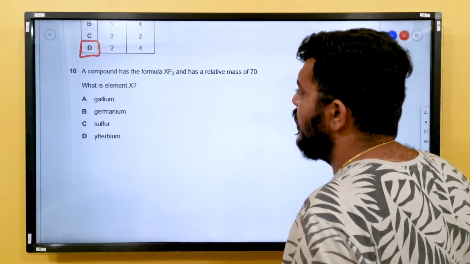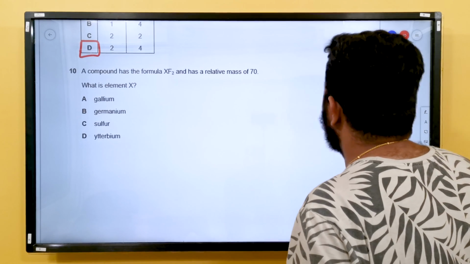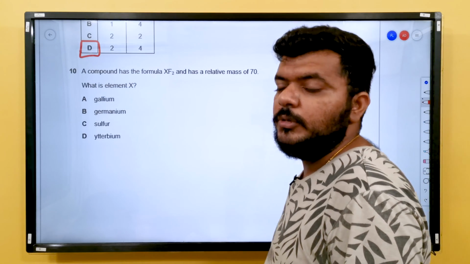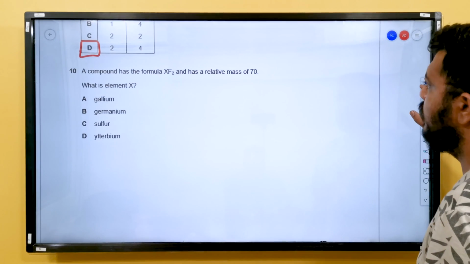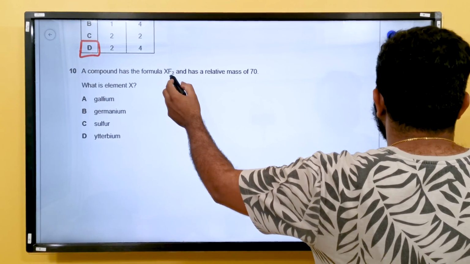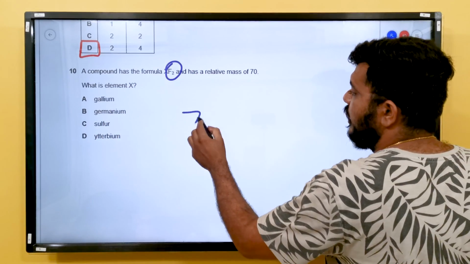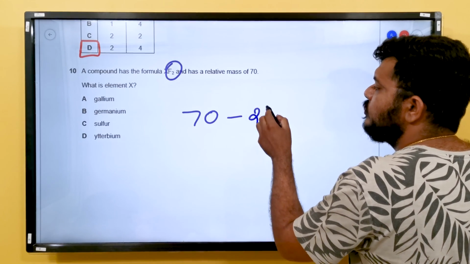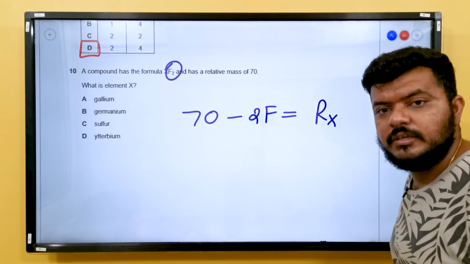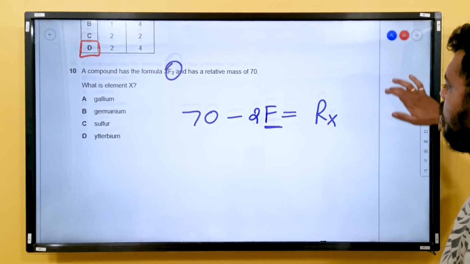Okay, a compound has formula XF2 and has a relative mass of 70. What is element X? For this you will need a little bit of help from your periodic table given at the end of your paper. What you do is you have the relative mass of fluorine, subtract it from 70. At this point I can write 70 minus 2 times the relative mass of fluorine is the relative atomic mass of X. Now I know the relative mass of fluorine can be found from the periodic table.